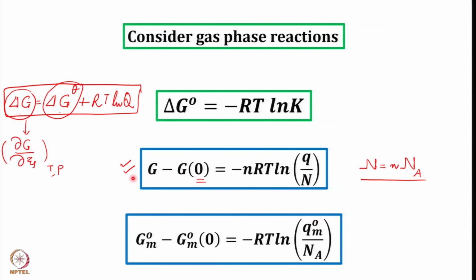If this equation is divided throughout by n, it results in this equation, where n is consumed into per molar quantity. That means what I am writing here is G by n is equal to Gm, a molar quantity.